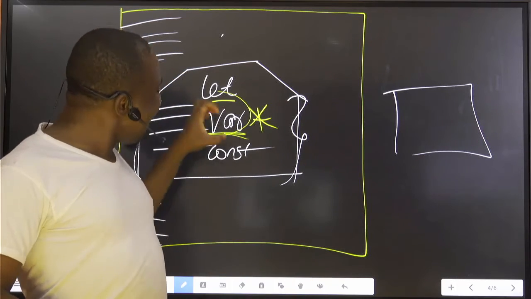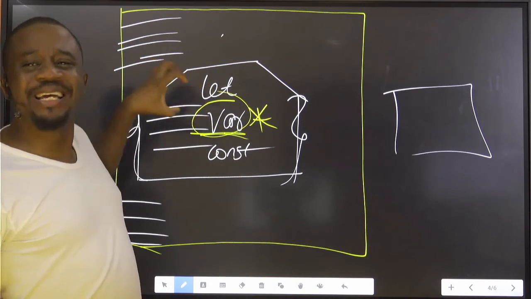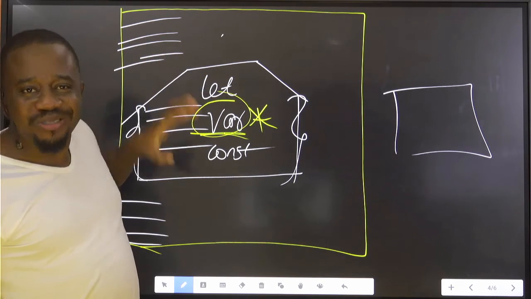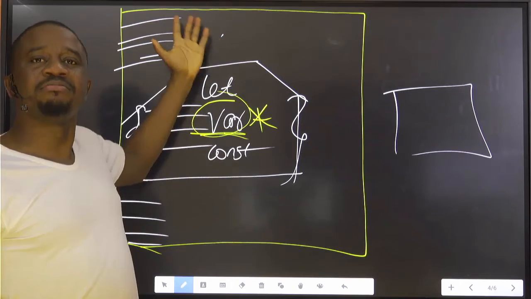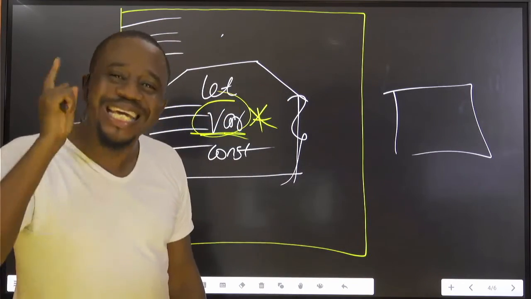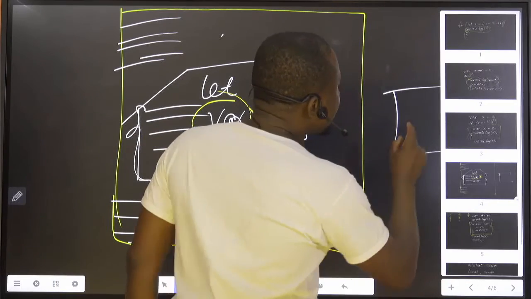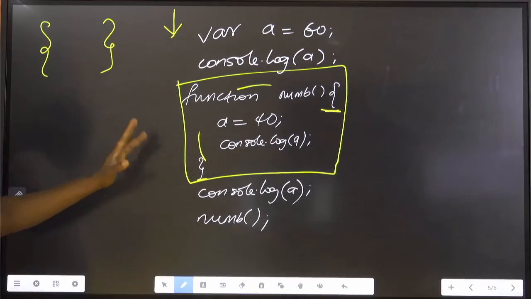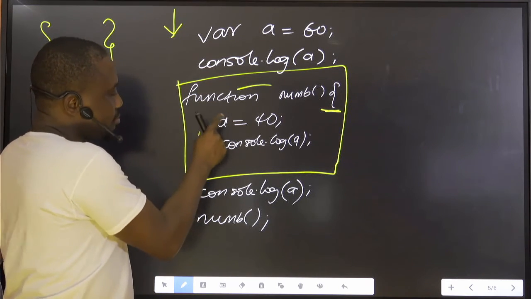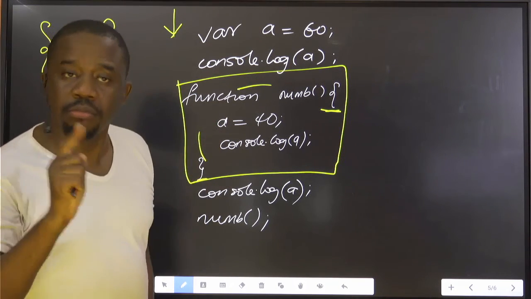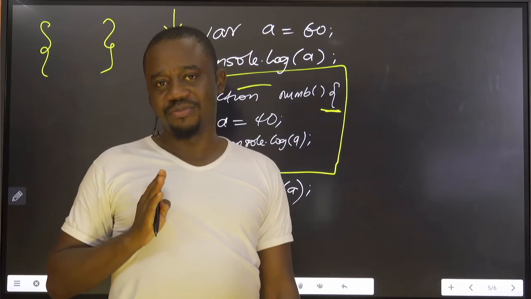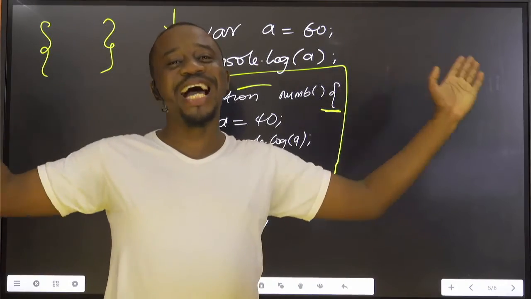So, the let and const inside block are different from the const and let outside the block. But var is open. The only exception for var is function scope. That is here. This function scope. If you use var here, it is not also accessible to guys outside.